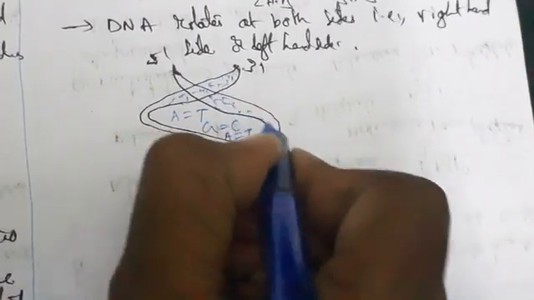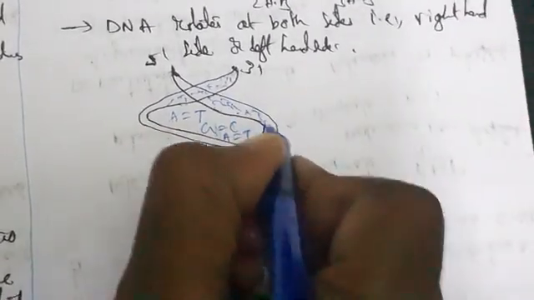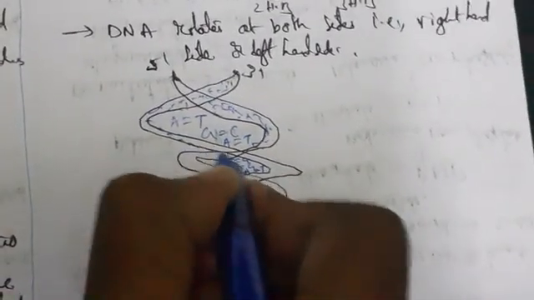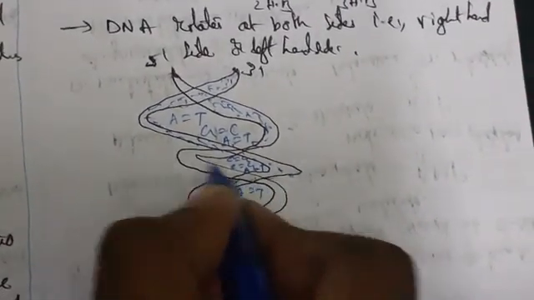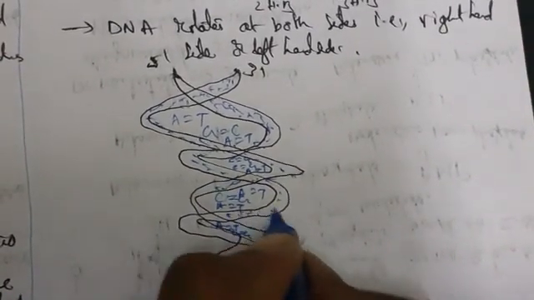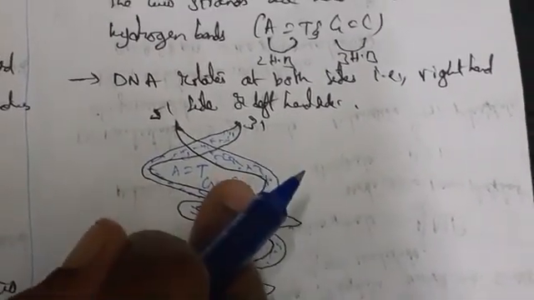Amino acids are linked like this, lysine, glycine, inside the strands, and these have bond pairs. So inside the helix we have the base pairs.